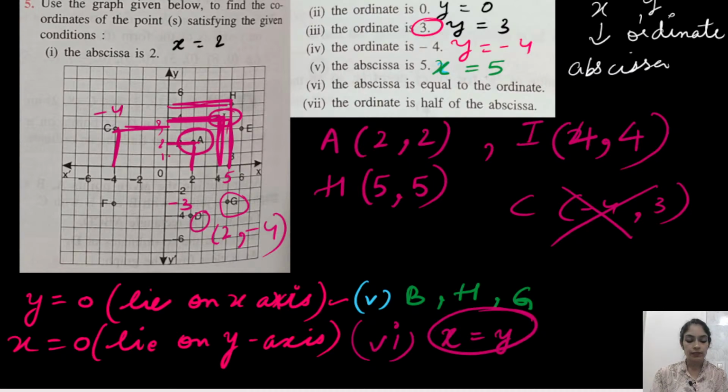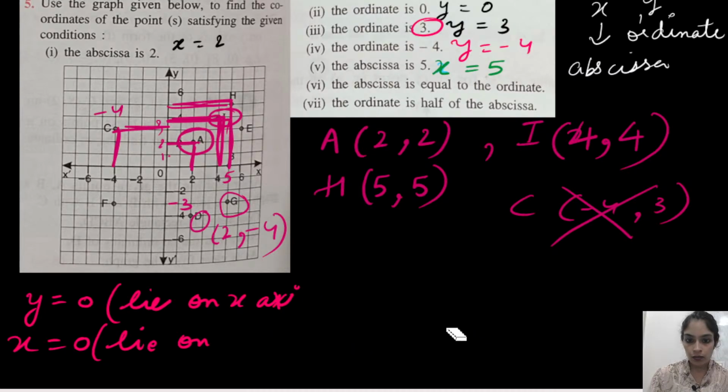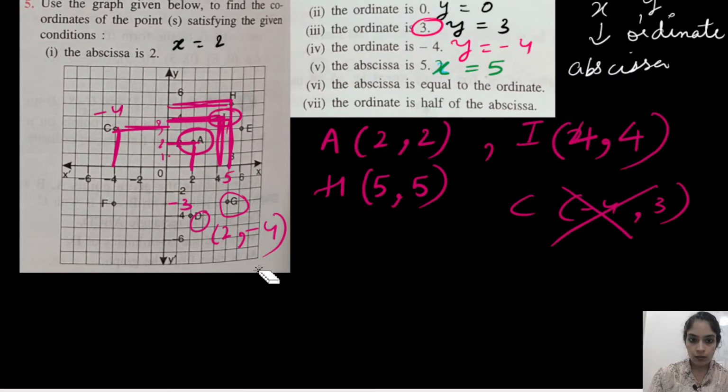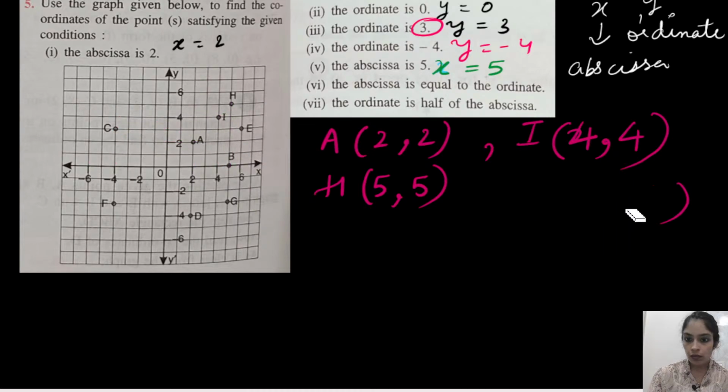Is this question clear to everyone? With this part, okay, one last part is there. I'm just going to clear everything. Now the last one: the ordinate is half of abscissa. Ordinate means y. So if x is x, then y is x by 2.